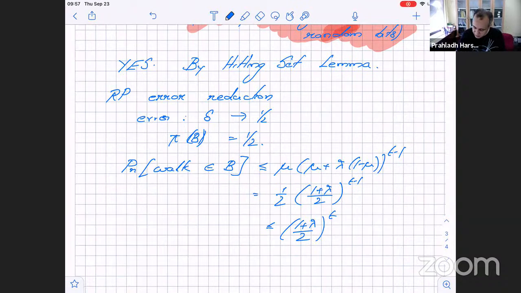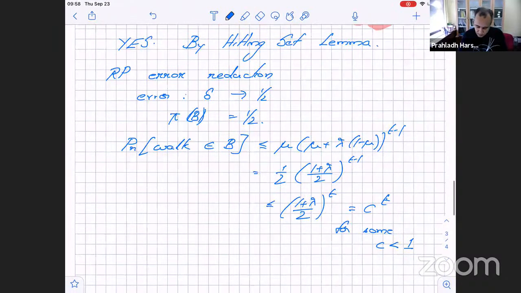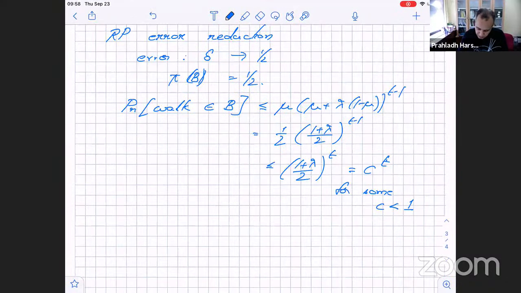So this is still some c to the t for some c which is strictly smaller than 1. So it still goes down exponentially in t. Therefore, if you take a t-step walk, the error goes from half to exponentially small in t.